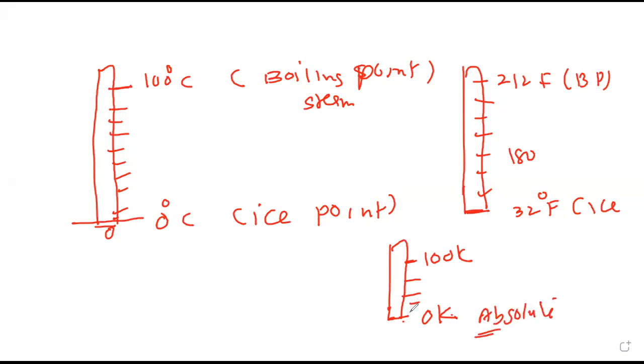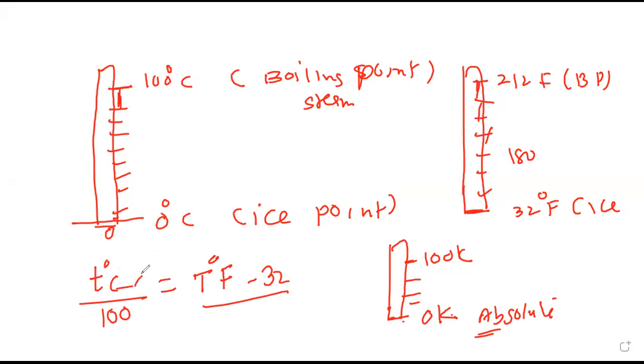So the value of each division will remain the same. For one division I can have T degrees Celsius upon 100. In the same way, T Fahrenheit minus 32 upon 180, remember its starting 0, and for Kelvin, T minus 273 upon 100.